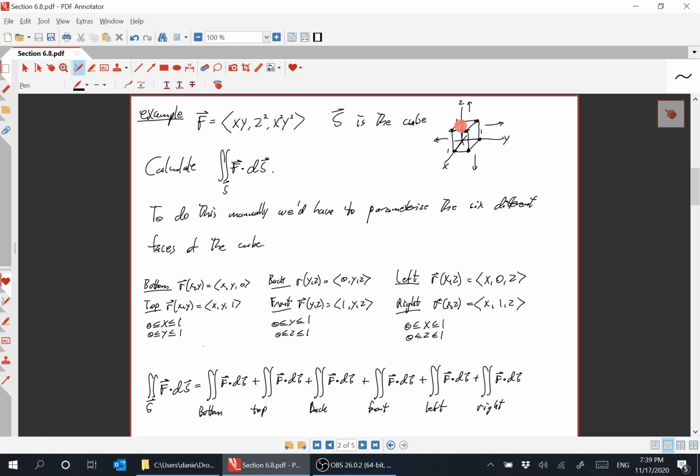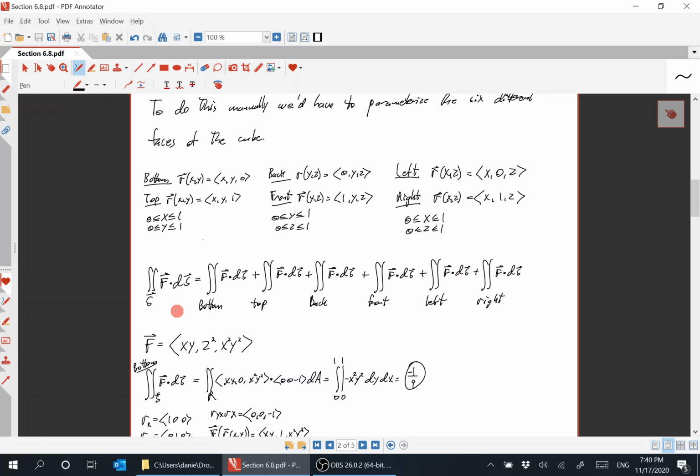Left is just x and z varying: x is x, z is z, y is 0. Right face, x is x, z is z, y is 1. And both of them are for x and z between 0 and 1. So the surface integral, the vector flux, F dot dS over the whole cube, is the sum of the same vector flux over the 6 different faces.